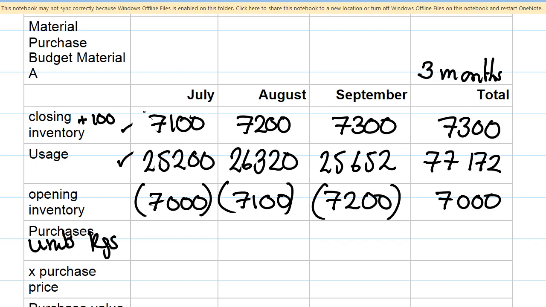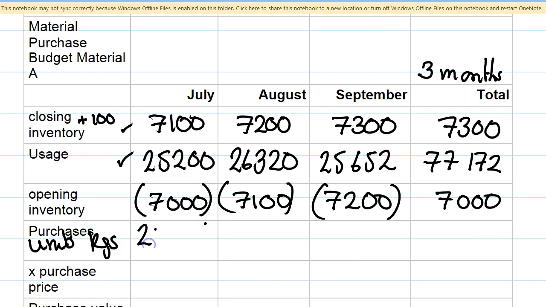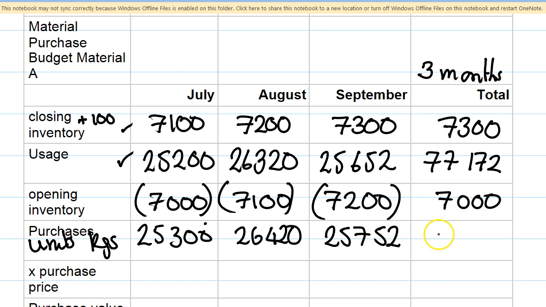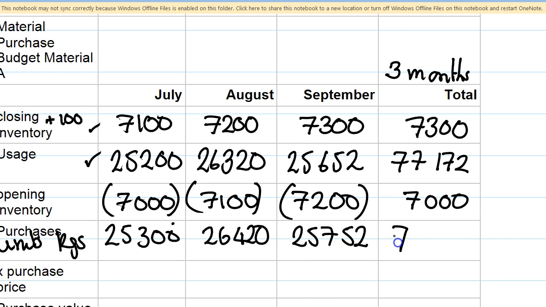So my purchases is going to be 25,300 kilograms, 26,420 kilograms, 25,752 kilograms. In total, 77,472 kilograms.